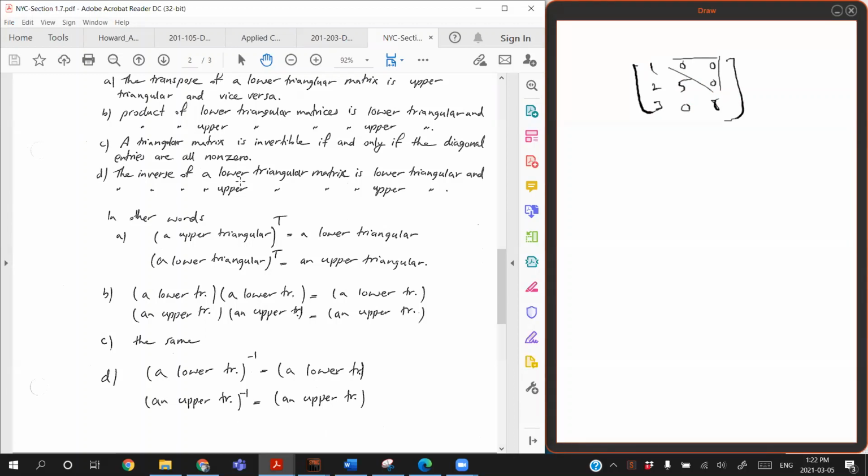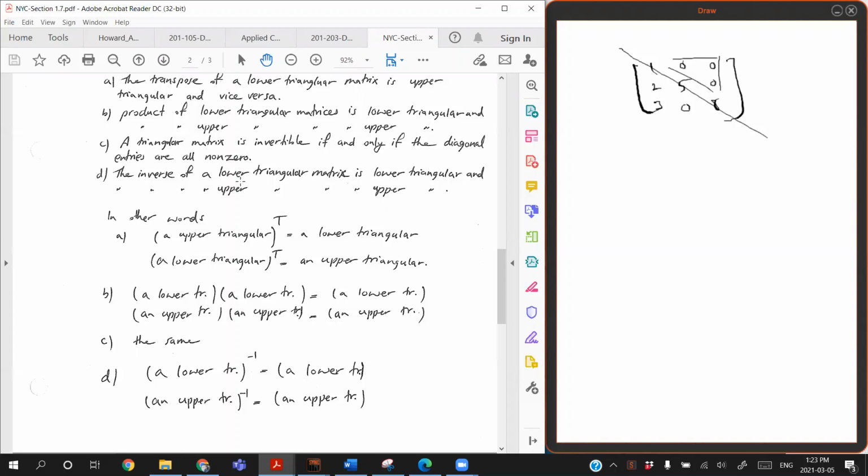How do I know? Because I look at the main diagonal. There is no zero on the main diagonal. So for that reason, I'm sure that this is invertible. Just by looking at that, I can tell. I don't need to do the inversion algorithm to see whether I hit a row of zeros or not. Just by looking at a triangular matrix, you can tell whether it's invertible or not.